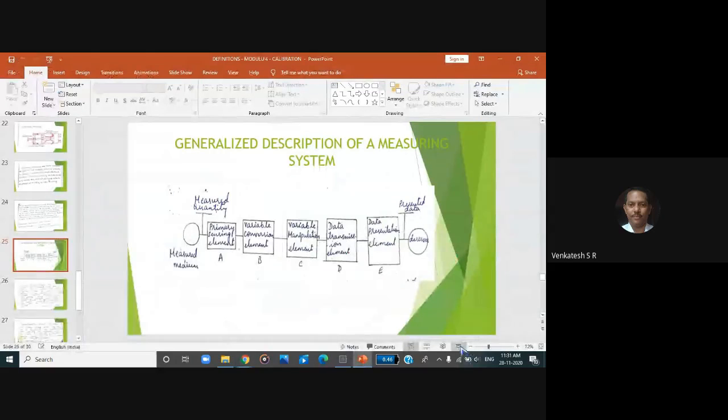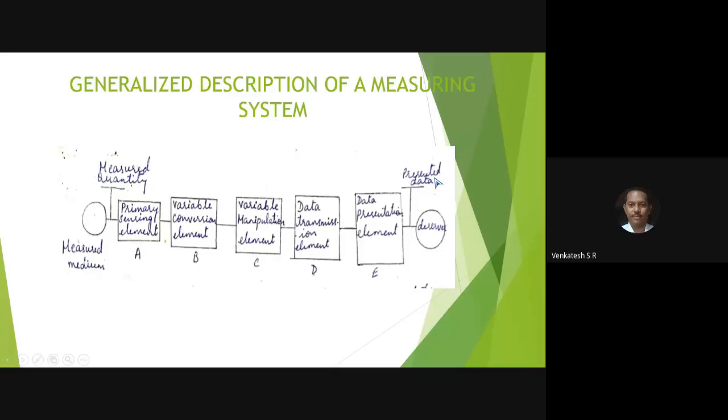If it is speed, it is in RPM; if it is temperature, in degree centigrade; if it is pressure, in kg per millimeter square.